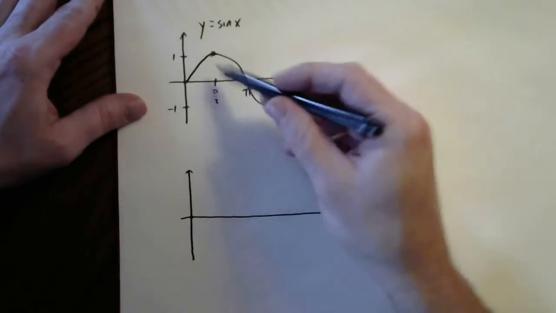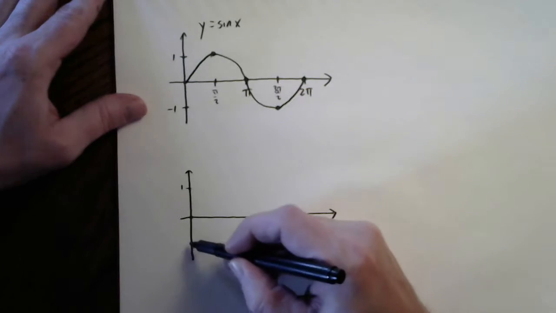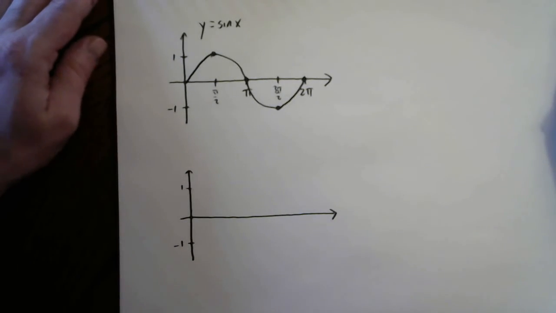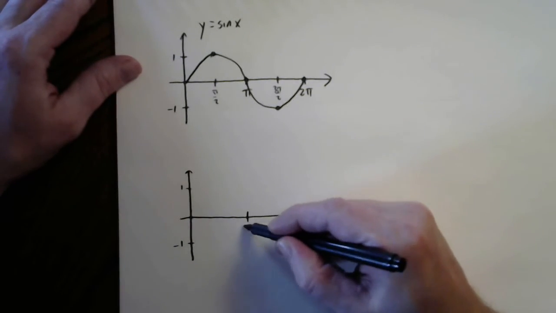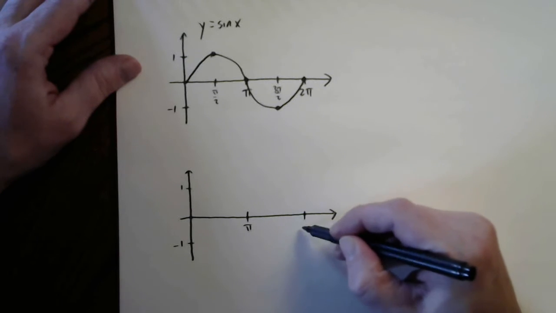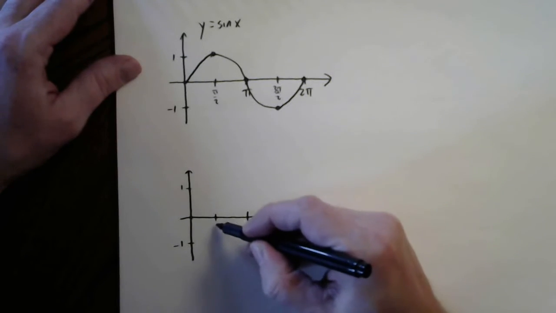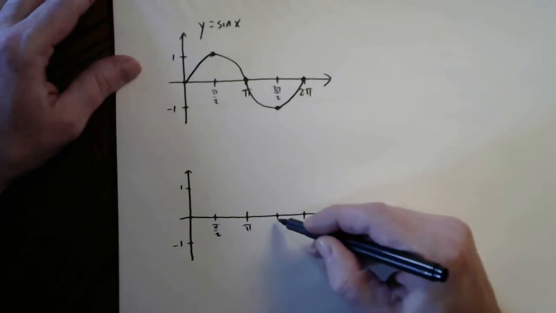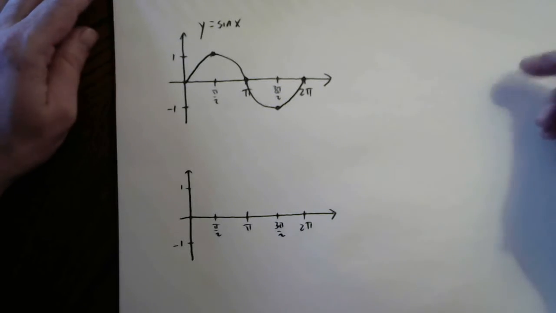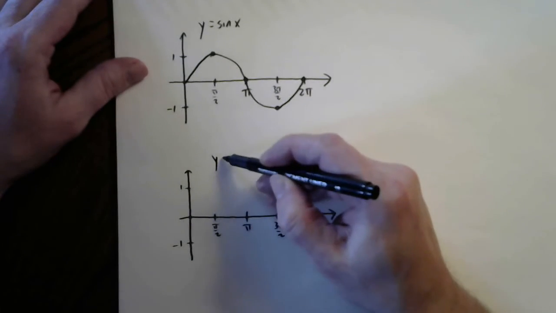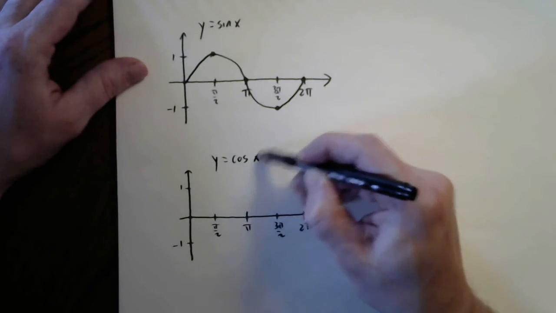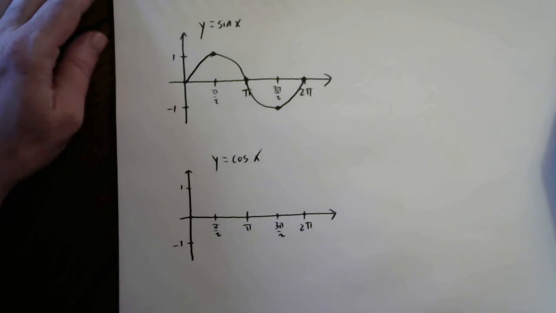I'm going to label the axes with all the same values here: 1 and -1, pi, 2 pi, pi over 2, 3 pi over 2. This will be my cosine wave.